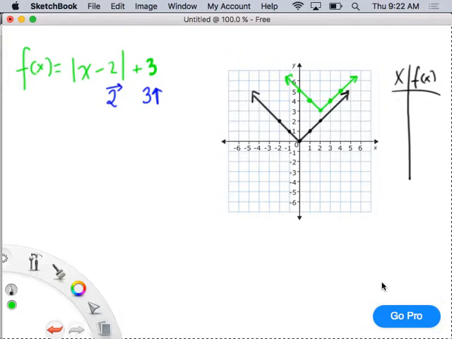Okay? So I started with the parent function. Rather than filling out the t-chart, class, I just applied my transformations. You see? So that's pretty cool.